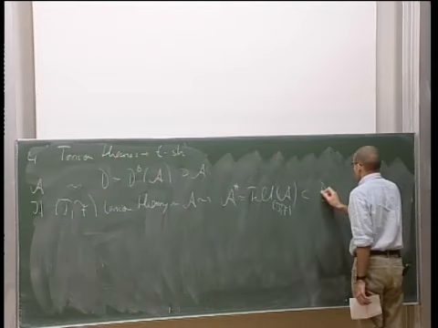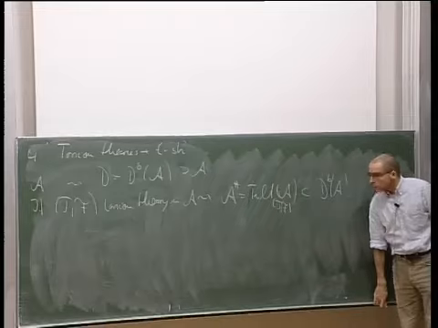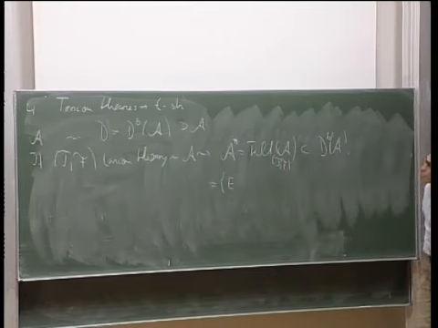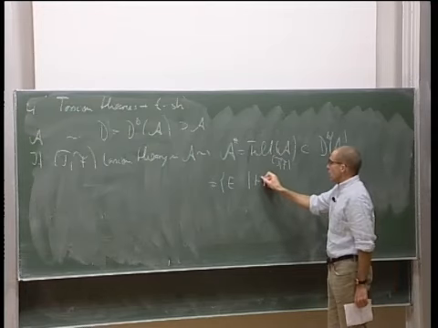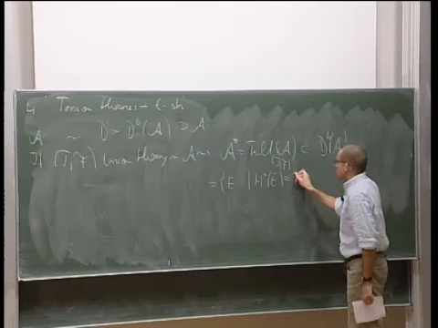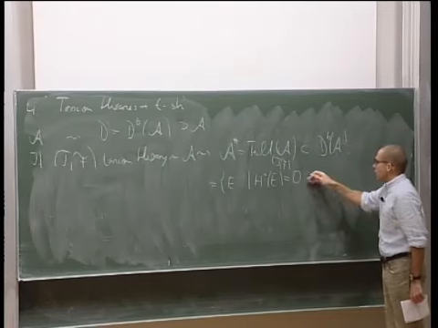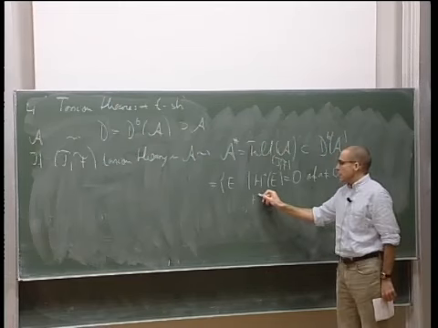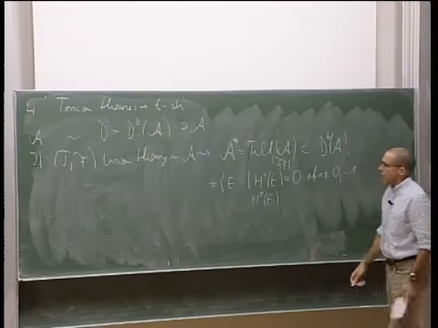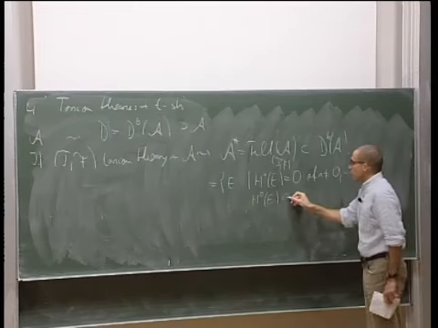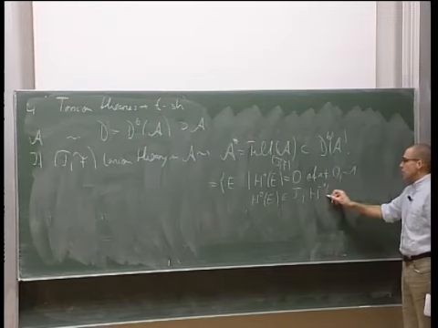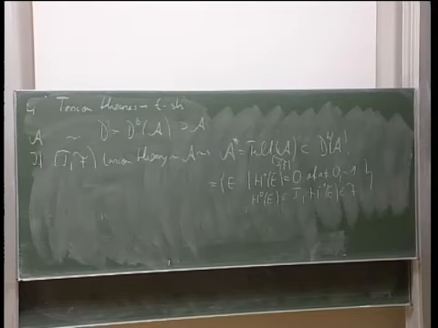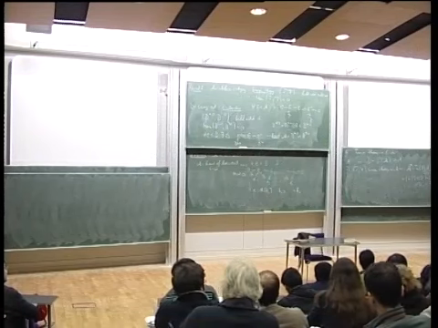This is the full additive subcategory of my triangulated category consisting of all objects E, so complexes with objects in A, such that the cohomology H^i(E) is zero if i is not 0 or -1, and in degree 0 the cohomology, which is an object in A, is contained in T, and in degree -1 it is contained in F.